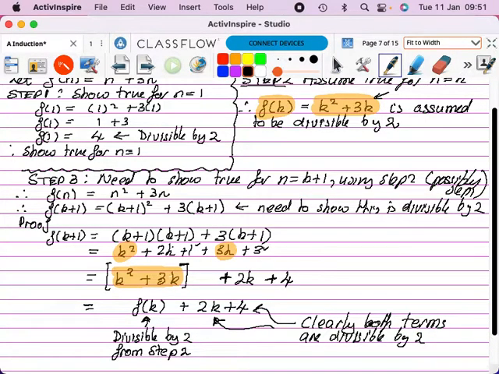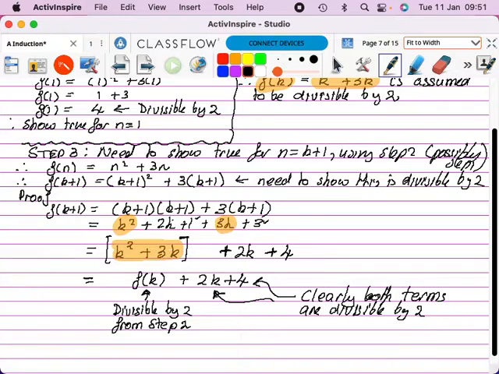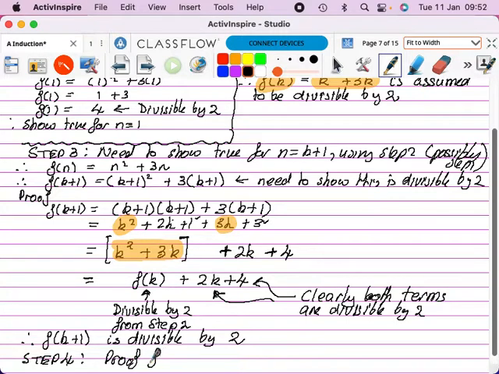And consequently, if each term is divisible by 2, then the whole thing must be divisible by 2. Therefore, f of k plus 1 is divisible by 2, because each term is divisible by 2. And finally, step 4, proof follows by induction.